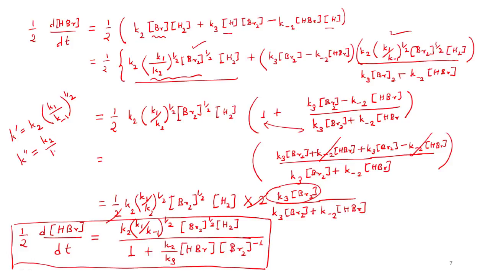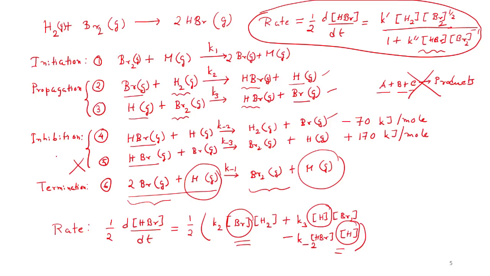So we can actually get the mechanism of this reaction very correctly by assuming that the reaction happens through radical pathways. And there are some hints from the observed rate law that HBr is coming in the denominator, which means HBr acts as an inhibitor.